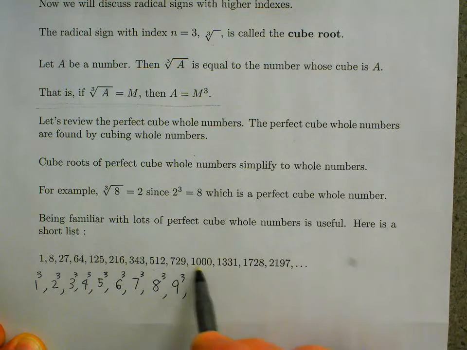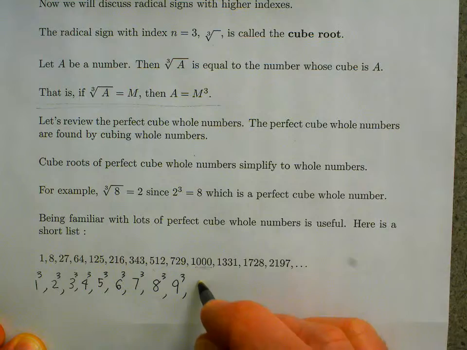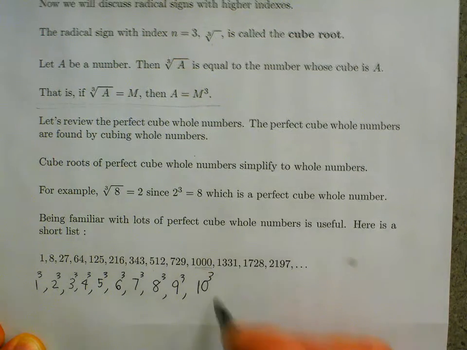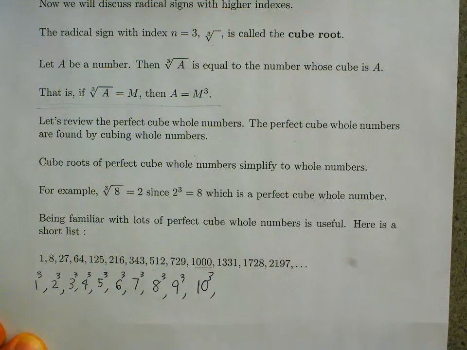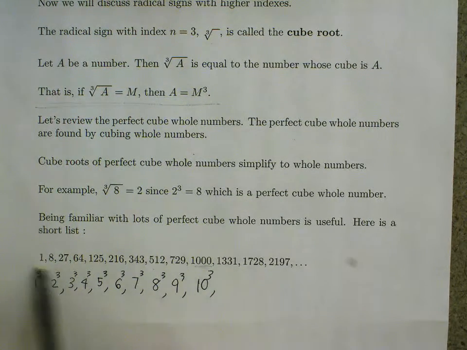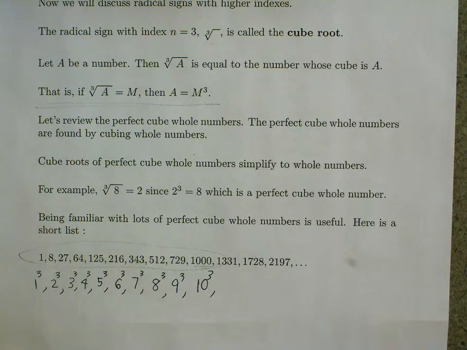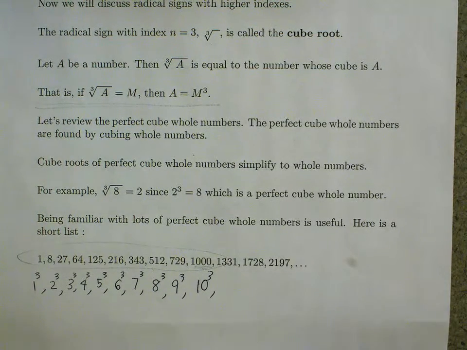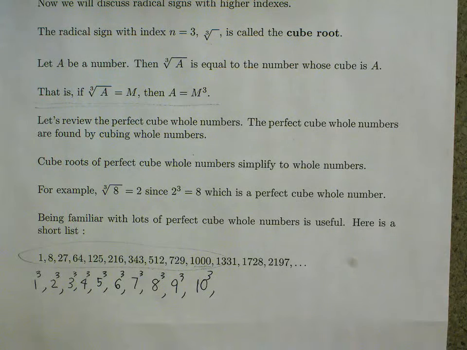And one of the easiest ones, 1,000, that's just 10 to the third, 10 times 10 times 10. And that's as far as I'll go. But work on being familiar with these perfect cube whole numbers so that when you see them, you automatically have a reaction on how to simplify a cube root of a perfect cube.